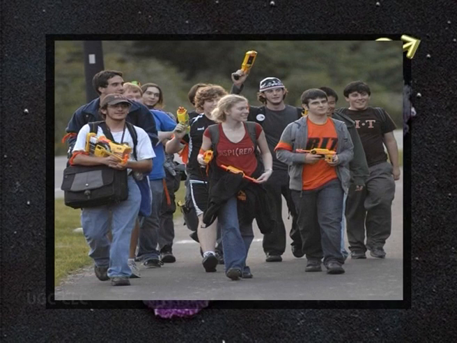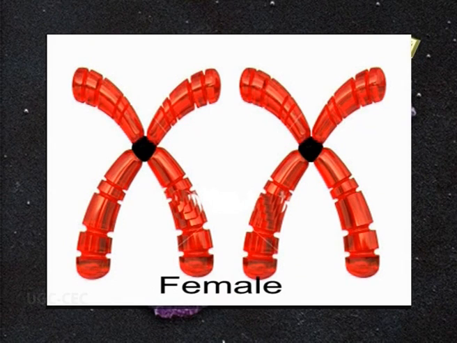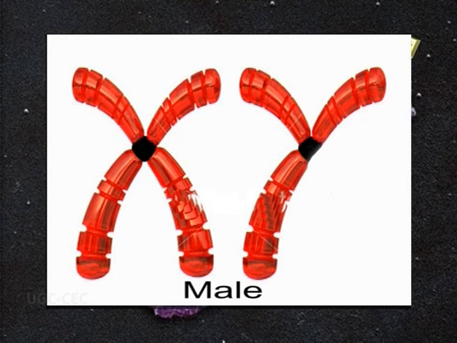In humans and many other species, the sex chromosomes of females are identical. Females have two X chromosomes symbolized as XX. Males have one X chromosome and one Y chromosome symbolized as XY.